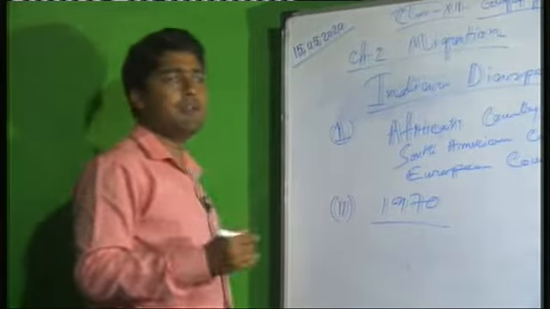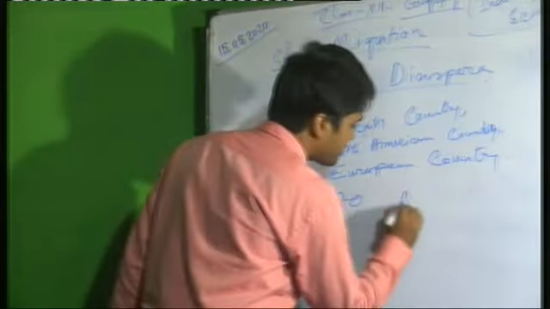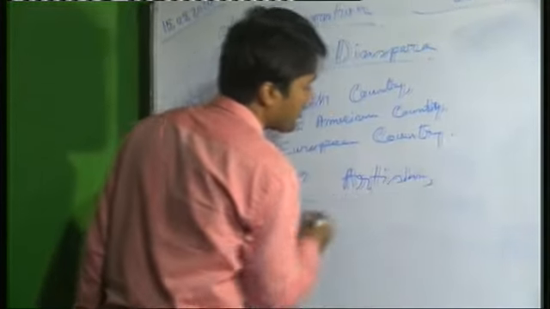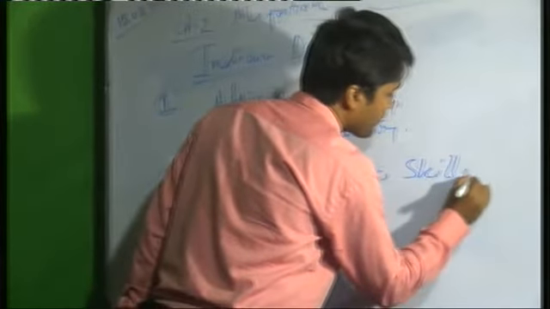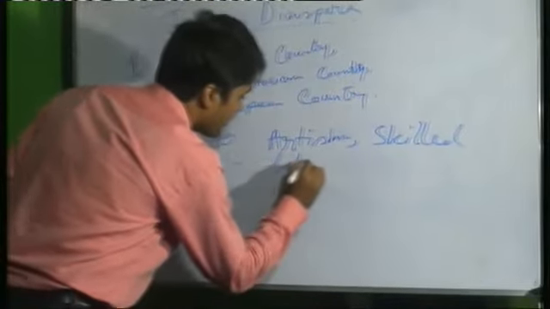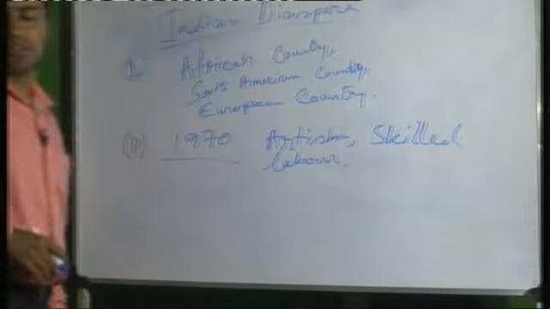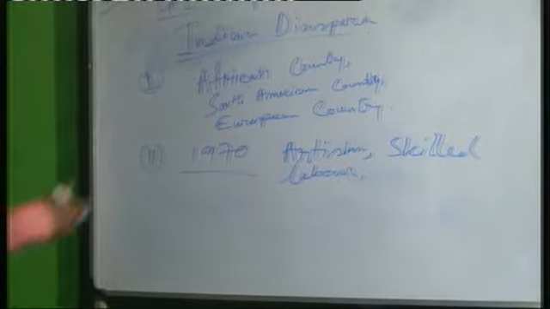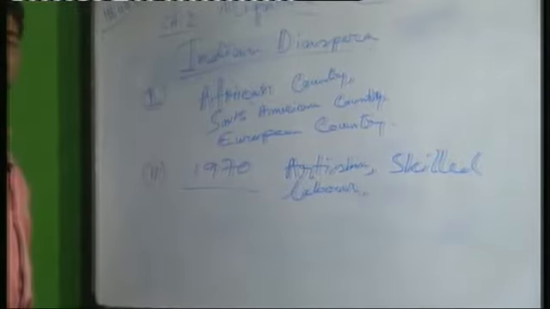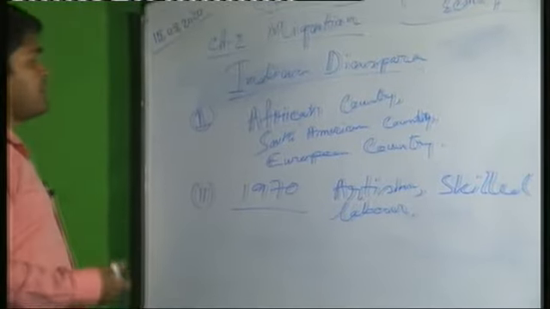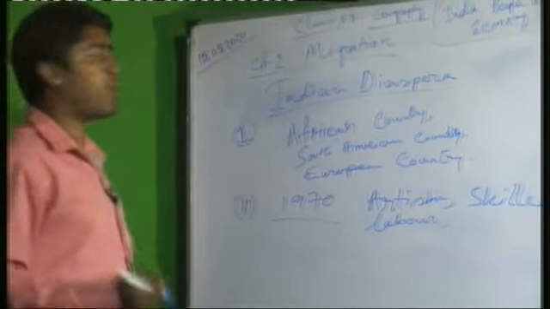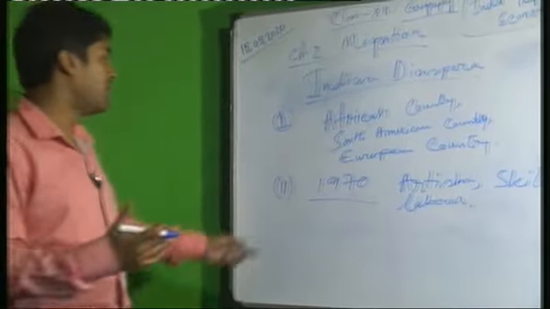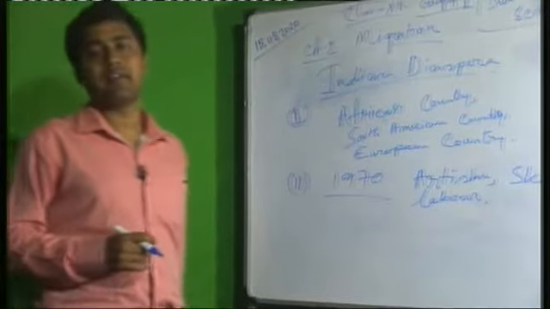At that time people shifted as artisans, skilled labor, and also to different countries, not only Africa but East Asian and Southeast Asian countries, for getting good job opportunities. This is the second phase or second wave when people shifted from India to another country.